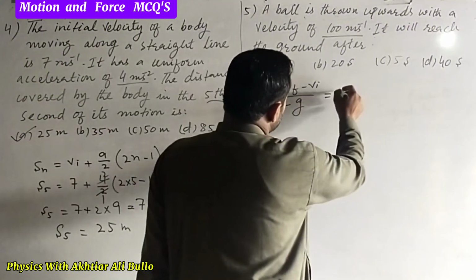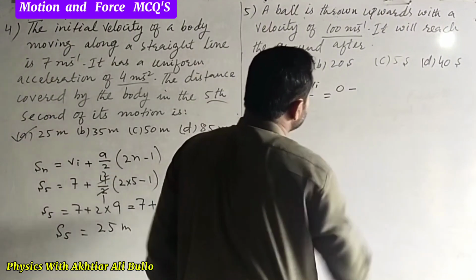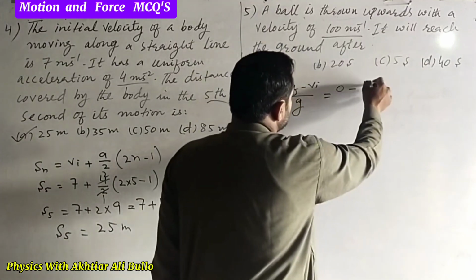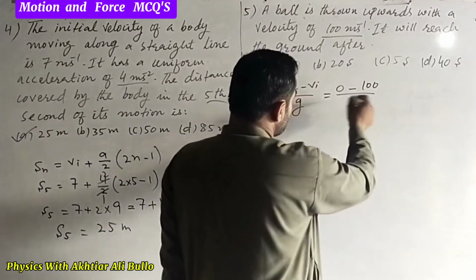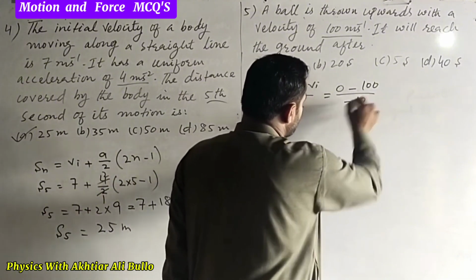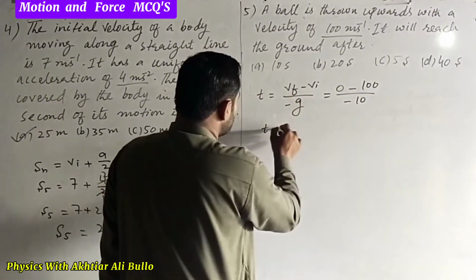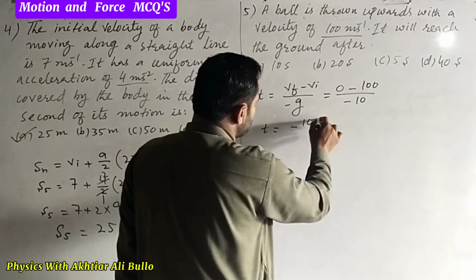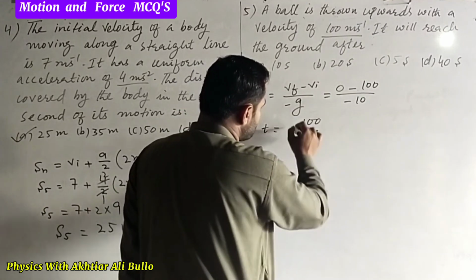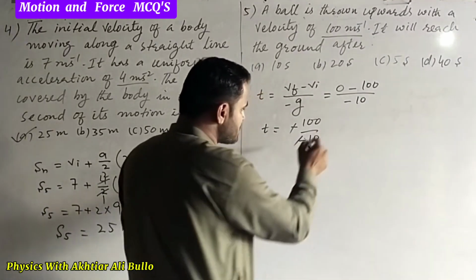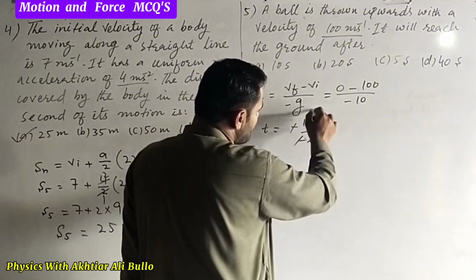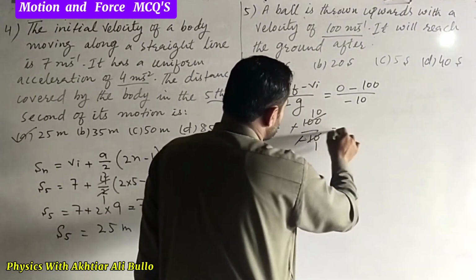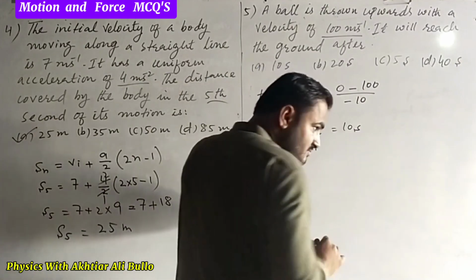So the final velocity is 0 and initial velocity is 100 meter per second, divided by g, which is minus 10. So t will be equal to minus 100 divided by minus 10. So minus will cancel with minus, and the table of 10: 10 is 1 times and 100 is 10 times. So t is obtained as 10 seconds.